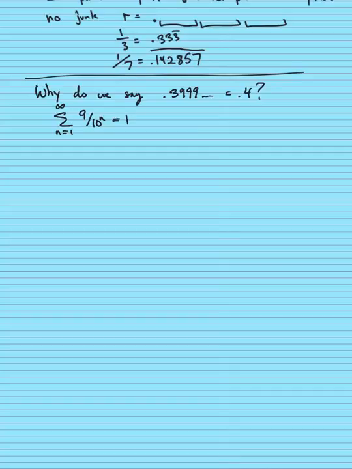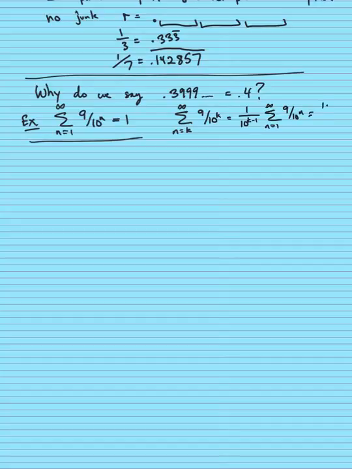Let me just prove this as a last thing. Similarly, the sum from n equals k to infinity of 9 over 10 to the n is just equal to 1 over 10 to the k minus 1, times the sum from n equals 1 to infinity of 9 over 10 to the n.